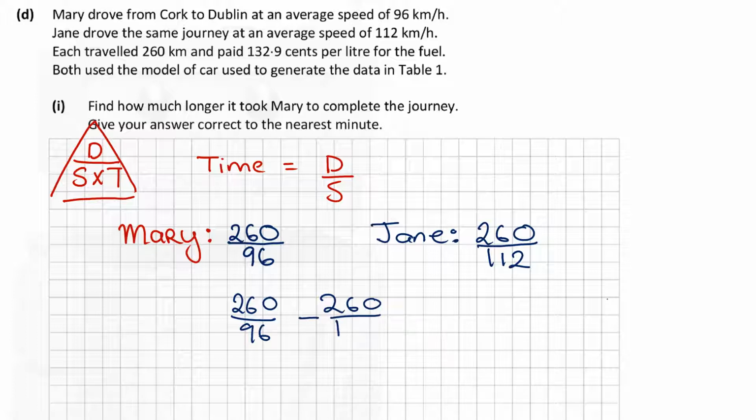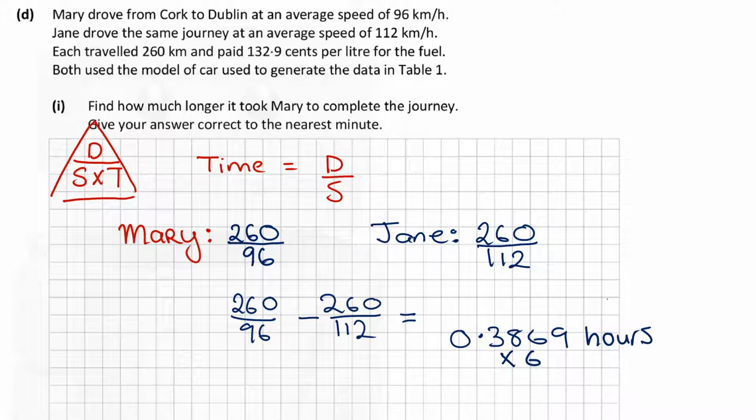What that works out as for us is 0.3869. However, because we were given kilometers per hour, that answer is in hours. They asked for the nearest minute, so if we want to convert that, we multiply by 60 to get to minutes.